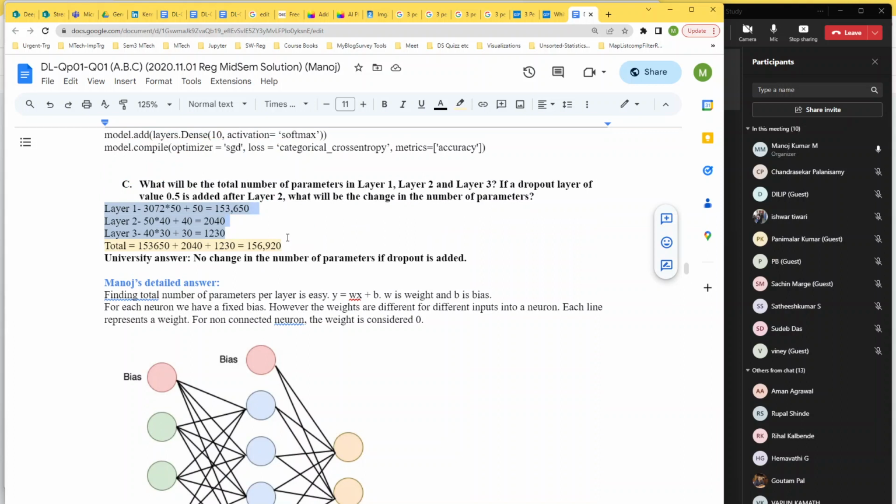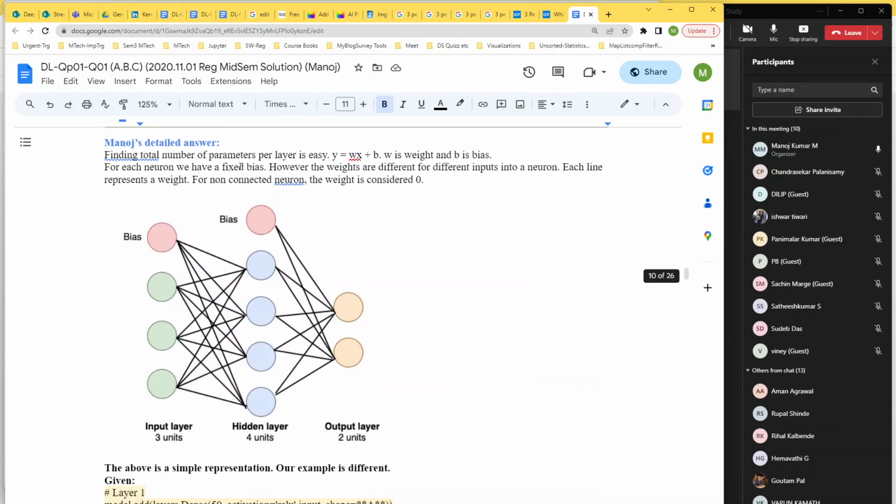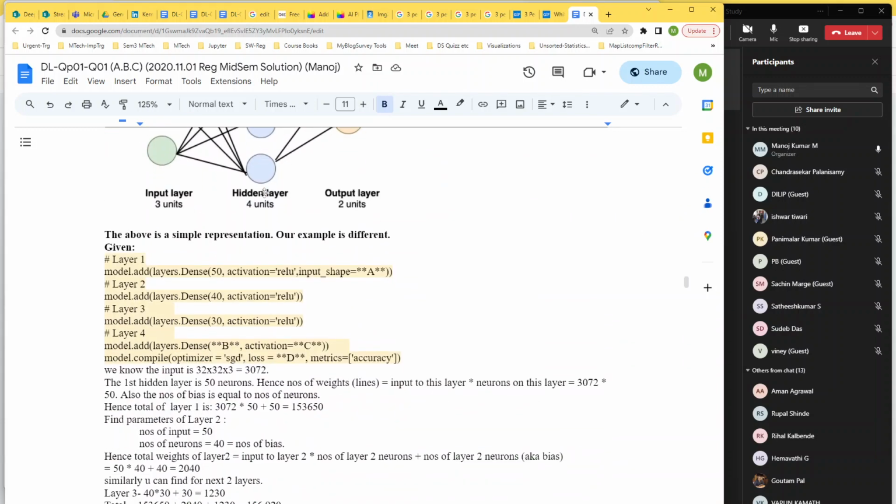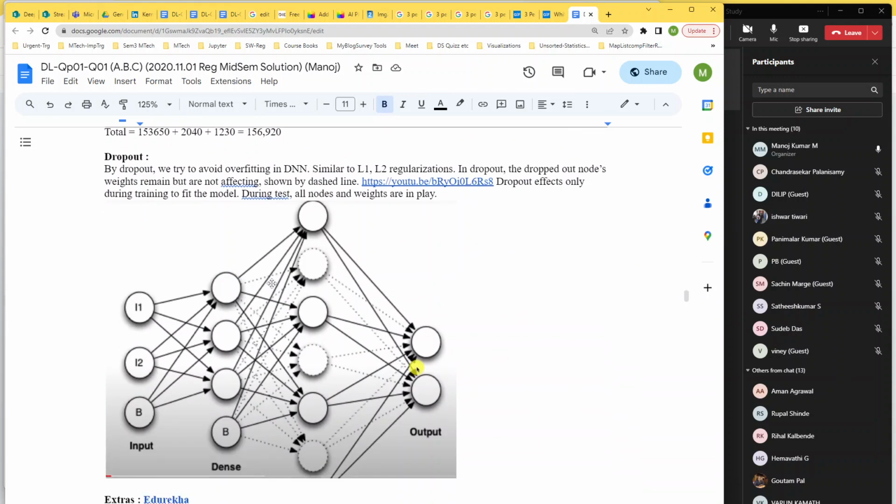Now this is the totaling of all the values, and now they are asking one important question. If a dropout layer of value 0.5 is added after layer 2, what will be the change in the number of parameters? So see, why are we using this dropout, and what is the main issue with the dense deep neural network compared to machine learning?